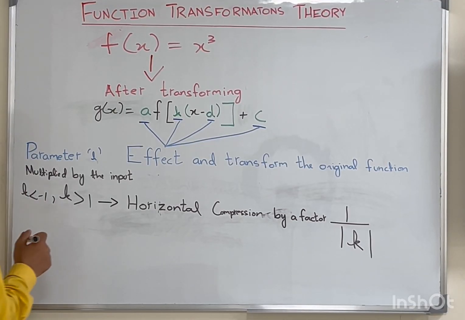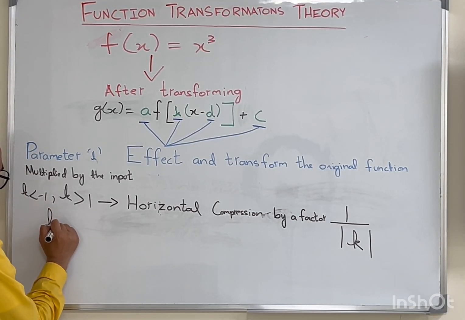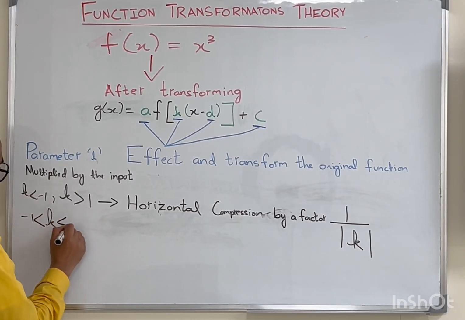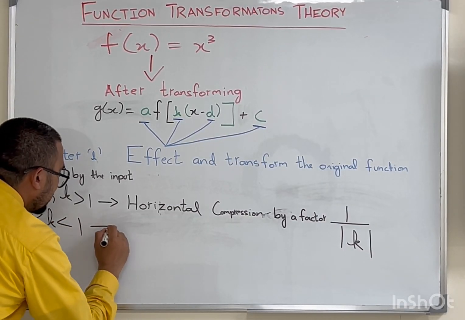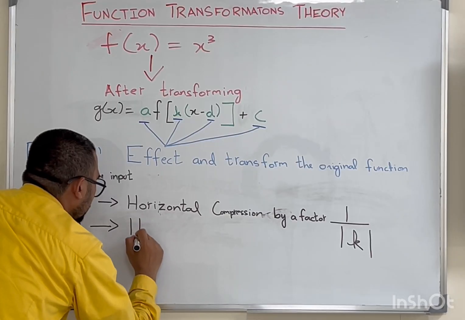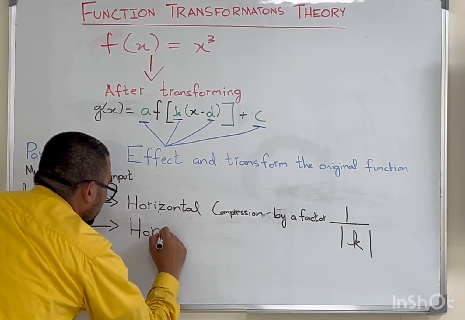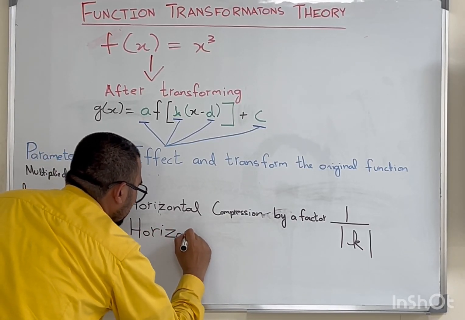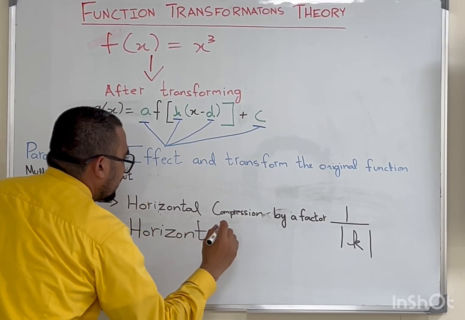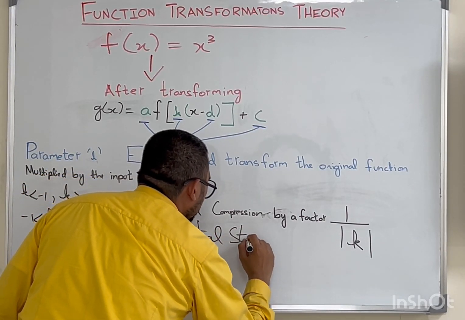Okay, and then the second scenario is K is between negative 1 and 1. Now this time it's going to be a stretch, horizontal stretch.